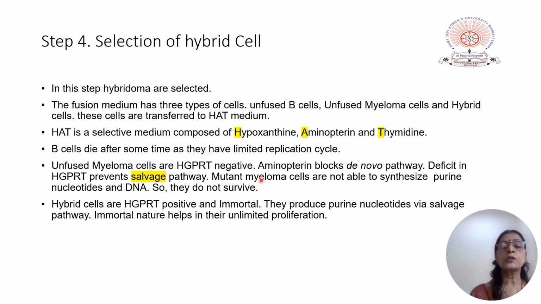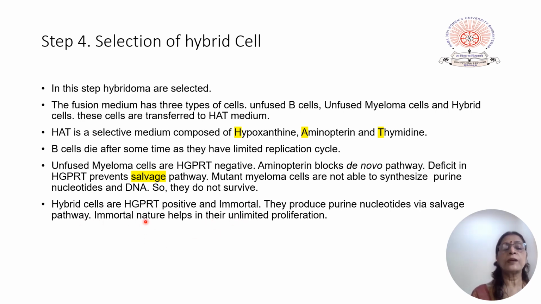So unfused myeloma cells die because they are HGPRT negative and the selective medium contains aminopterin, which does not allow the de novo pathway. B cells die because they have limited lifespan. Only the hybrid cells, which are HGPRT positive as well as have immortality from the myeloma cells, will survive in the HAT medium.